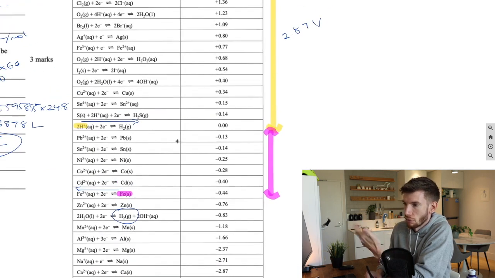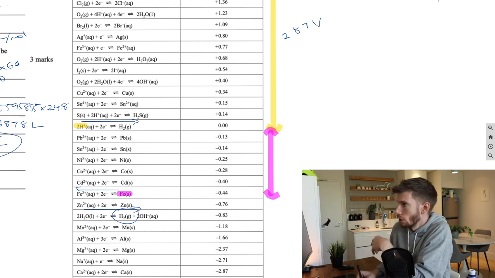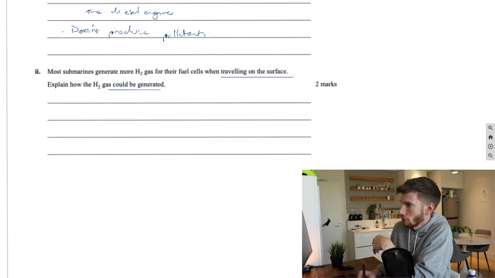So that also just confirms the answer, that because we don't have acid available, then we have to do this. But in order to do that, it may cost energy. That may not be the spontaneous direction to, in this case, reduce the water. So we could use the energy from the diesel engine. So the diesel engine could supply energy.